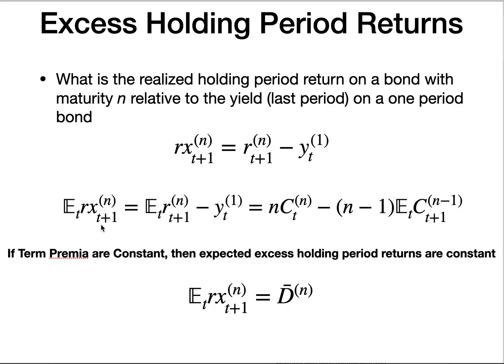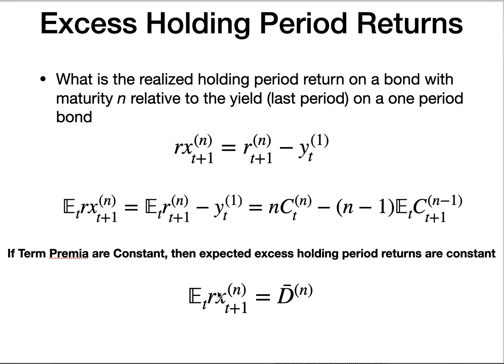And we computed last time that the expectation of this value is just this function of the term premium, which is in fact this constant d bar n. So the key thing is, in terms of what the model says about when is it a good time or a bad time to invest in longer maturity bonds, there really is no good time or bad time because term premia are constant, which means that expected excess holding period returns are also constant.